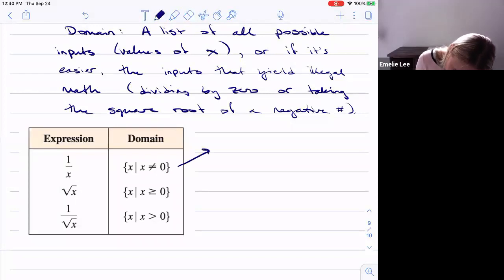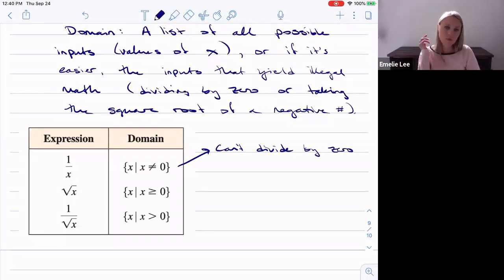So here, dividing by 0. The next one, the root of x. If we just take the square root of x, the domain of that is the set of all x's such that x is greater than or equal to 0.